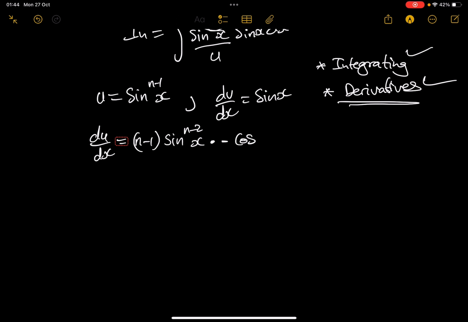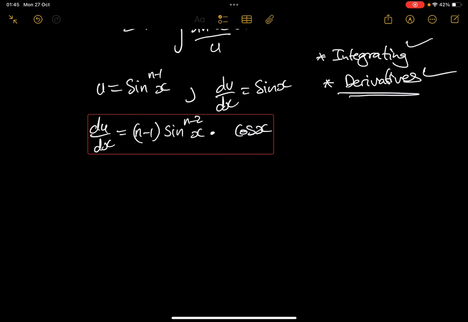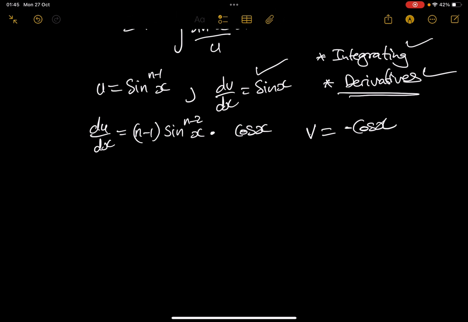minus cos x, right? Because we are differentiating sine x, we are going to get positive cos, and then if we are integrating sine here, your v is going to be minus cos x, right?